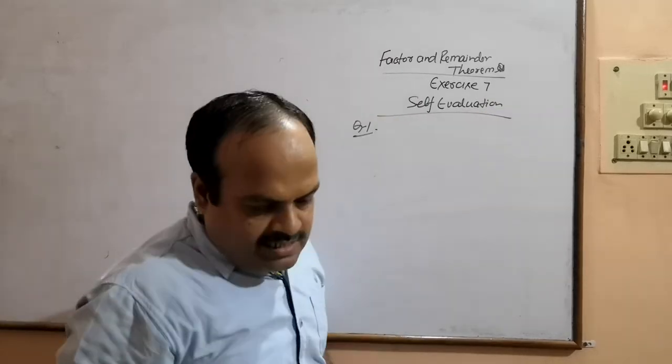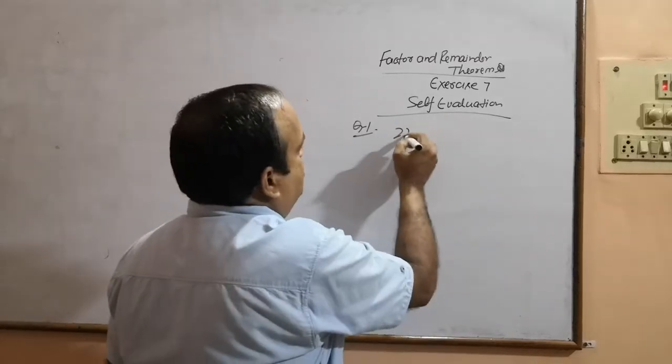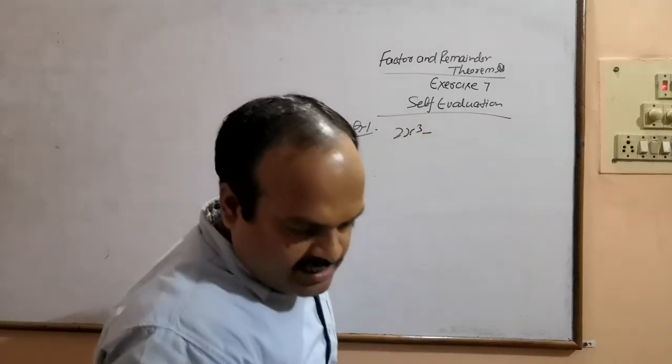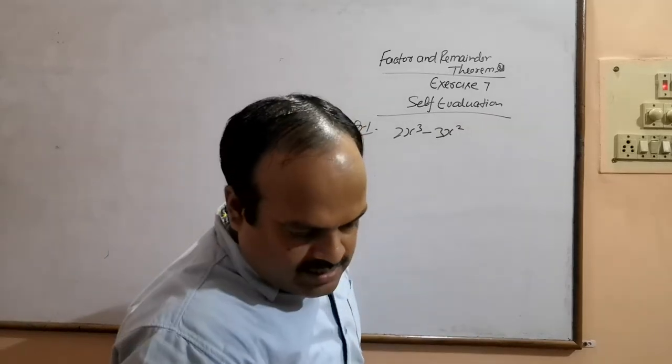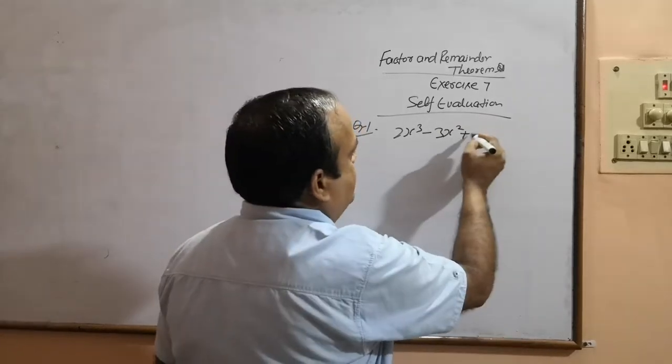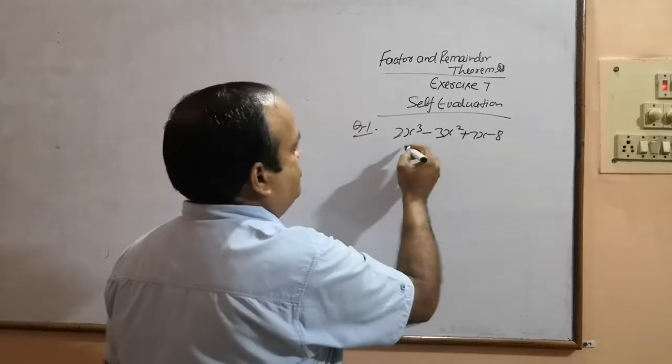Find the remainder when 2x cube minus 3x square plus 7x minus 8 is divided by x minus 1.